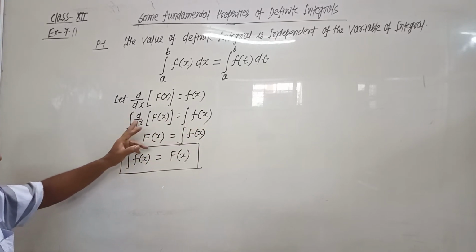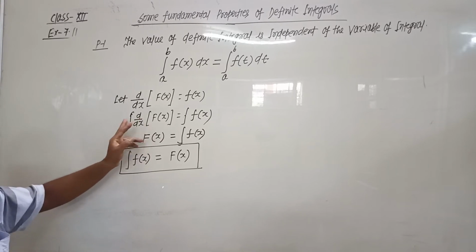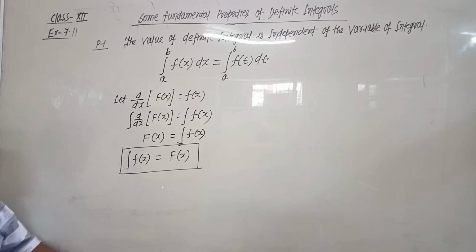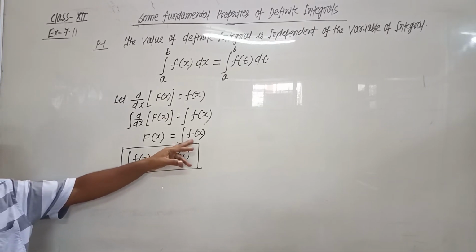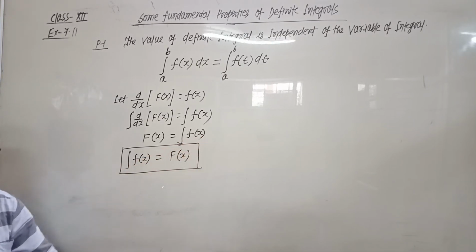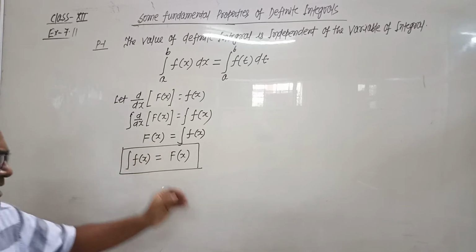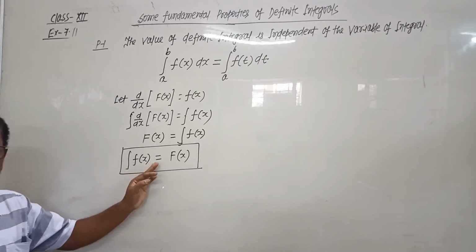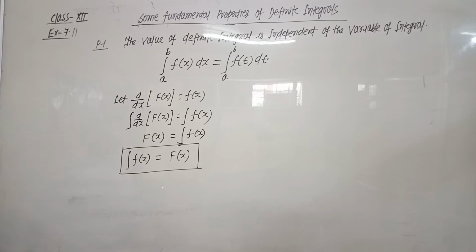Integration is the anti-derivative, so this and this get cancelled, and we get capital F(x) equals integration of small f(x). So we use this: integral of small f(x) equals capital F(x).